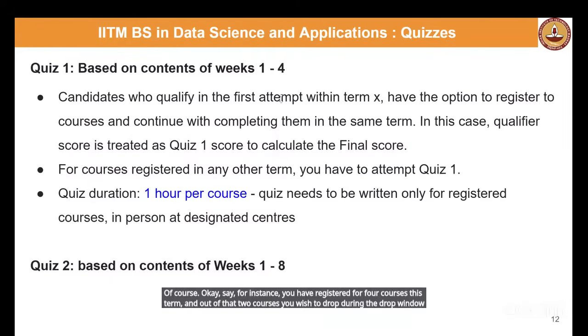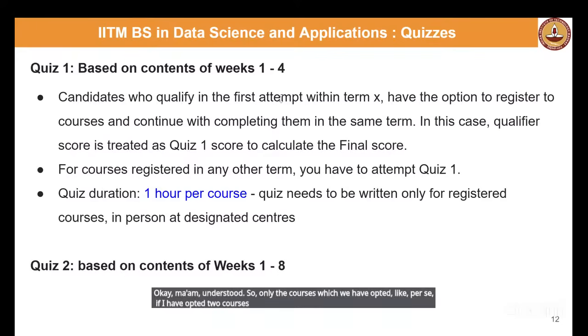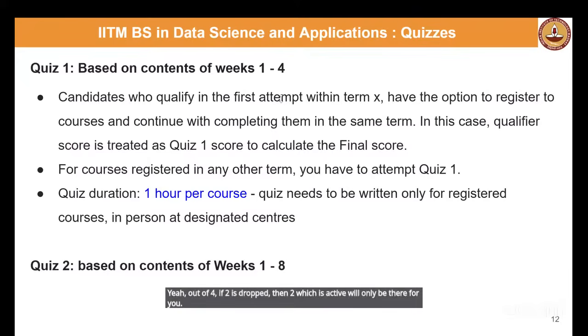Ultimately in the subsequent term, you have to take the 2 courses. So if I have dropped 2 courses, during my interim only the 2 active courses' questions will be visible, right? Yes, out of 4, if 2 are dropped, the 2 which are active will only be there for you. Understood, ma'am. Thank you so much.